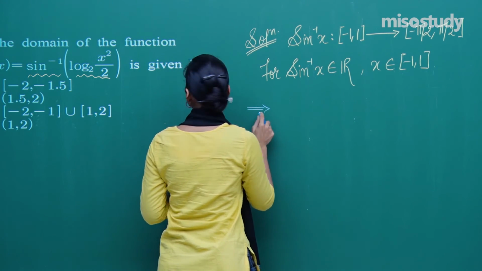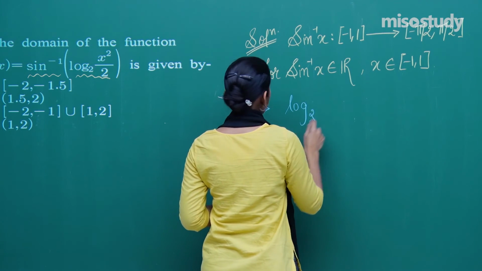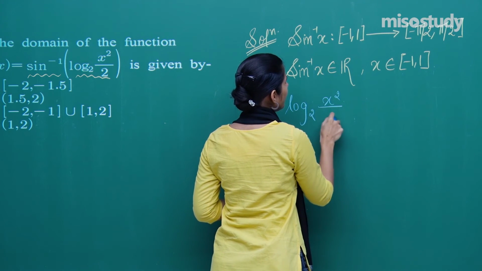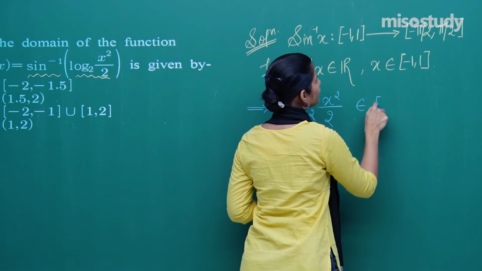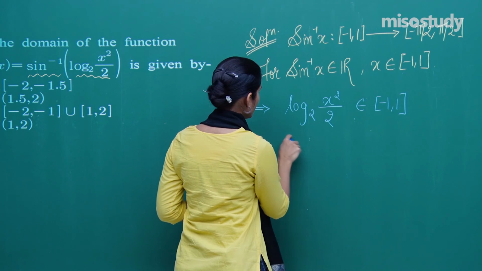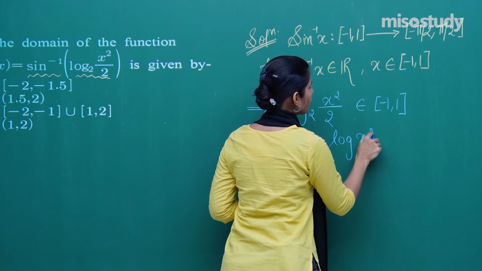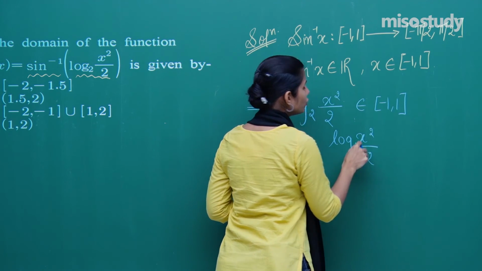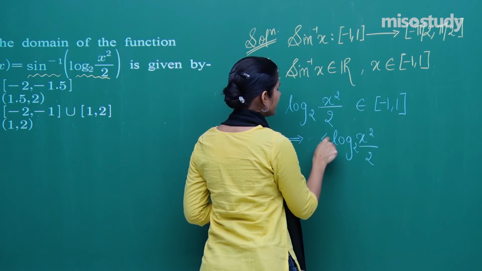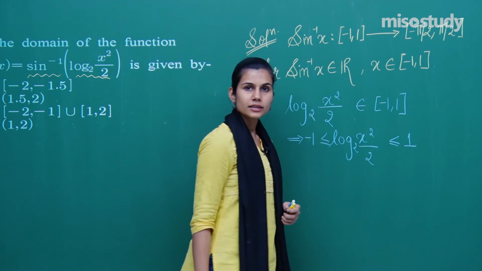So this implies log to the base 2 of x square by 2 should come from minus 1, 1, which implies log x square by 2 to the base 2 should be greater than equal to minus 1 and less than equal to 1.